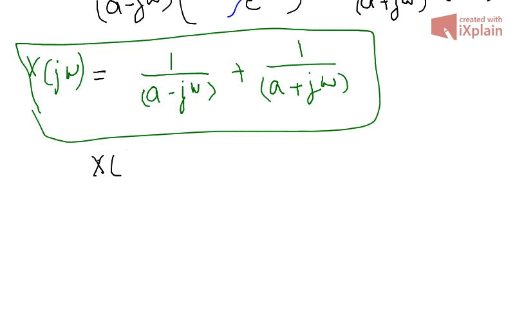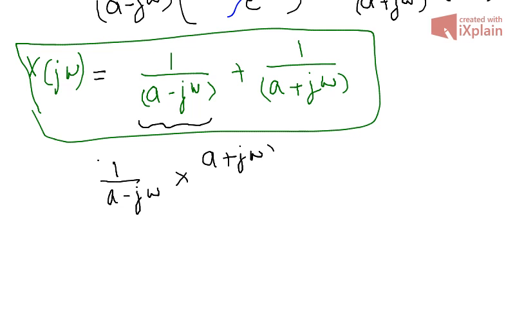Now I have to write this X of j omega, but I'm just taking the first term, 1 over a minus j omega. If I divide and multiply it by a plus j omega, it remains the same, right?